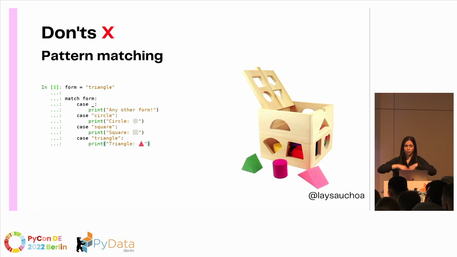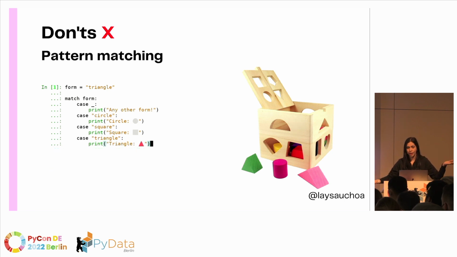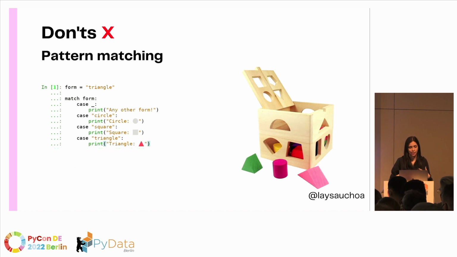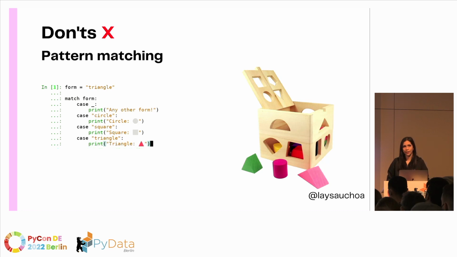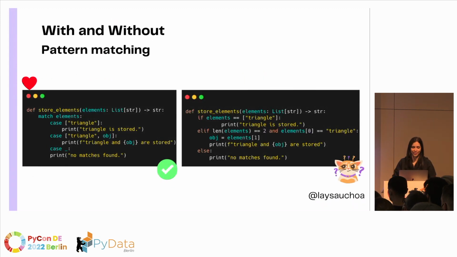If you try to use the wildcard at the beginning, it means you are accepting everything. It would be like you open up this box, and everything comes inside. So it's actually not what you want. This gives you an idea about how pattern matching should be thought of in programming. You should always go from the specific case to the broadest ones. If it was not clear, you should not do it.